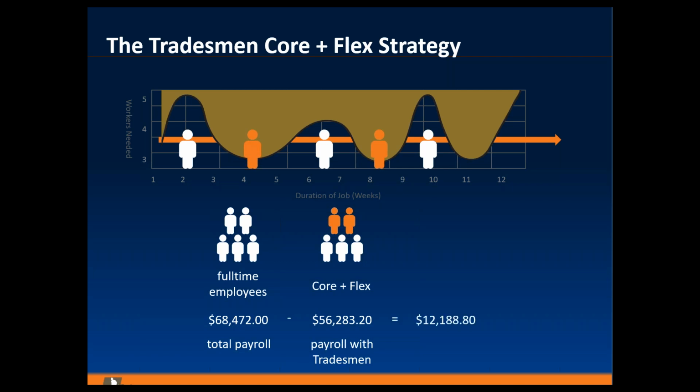And the cost savings at the end of the job is $12,000 back to the contractor's bottom line. Now, it may not seem like a lot of money, but if you consider the fact that this particular commercial carpentry contractor did about 10 or 15 of these projects annually, you're talking about $100,000 to $150,000 in operating income returned to the contractor on an annual basis.